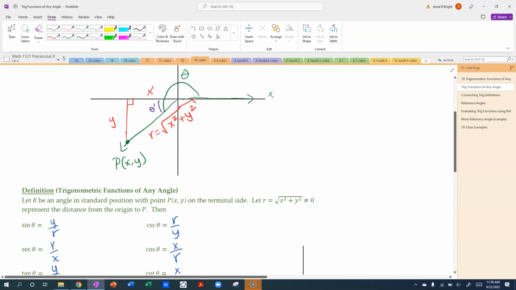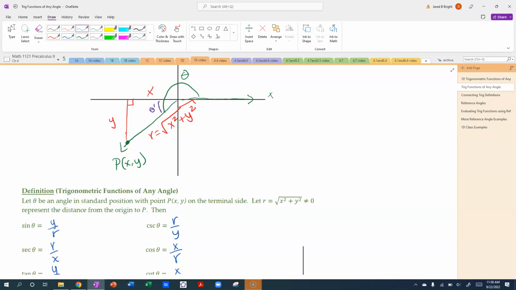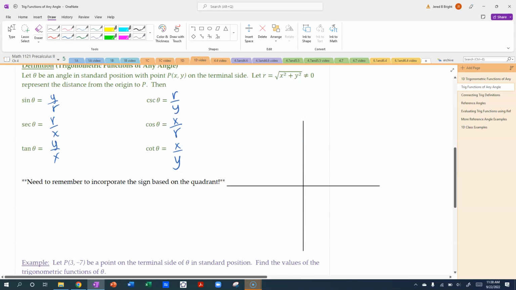Now keep in mind, I used the idea of triangles to develop this. Typically when we work with triangles, we're working with all positive side lengths. However, we are embedded in the Cartesian coordinate system, and so that comes with signs based on the quadrant.